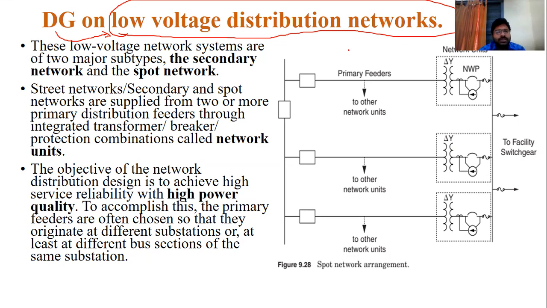Now see this. First of all, you have to know what a low voltage distribution network is. The low voltage network is one type of network operated in some large cities and large areas. Now see this, the low voltage network is subdivided into two parts.